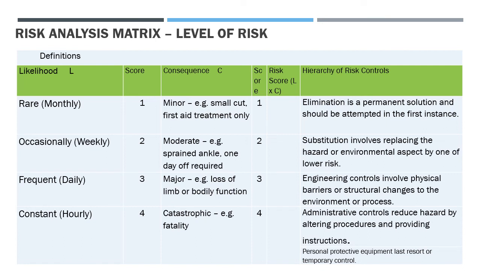Catastrophic is given for fatalities. So what we did is multiply the score of consequence and likelihood, and we consider this result to see how dangerous it is.